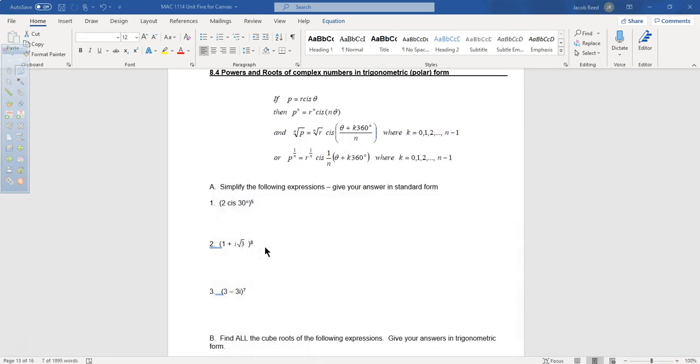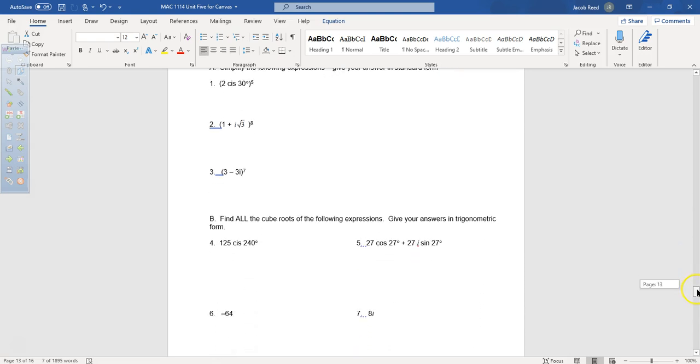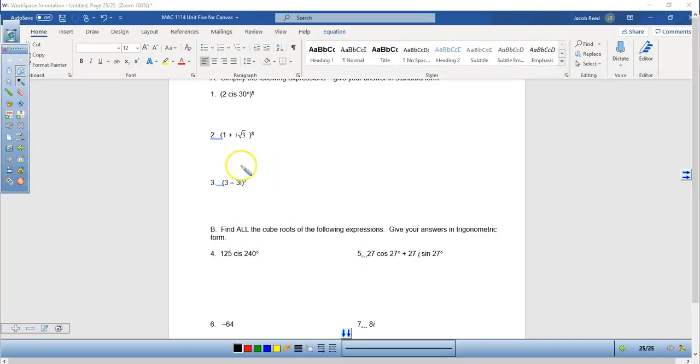Okay, let me scroll down just a little bit. All right, with number 2, first thing we have to do is convert this into polar form. So we know that x is equal to 1, y is equal to root 3, r is going to be 2, and theta has to be square root of 3 over 1 for our tangent. That means we're talking about square root of 3, so it's 60 degrees.